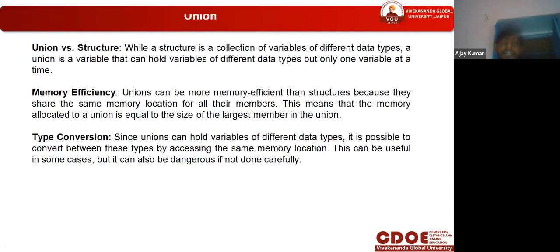There is a differentiation between union and structure. While a structure is a collection of variables of different data types, a union is a variable that can hold variables of different data types, but only one variable at a time.